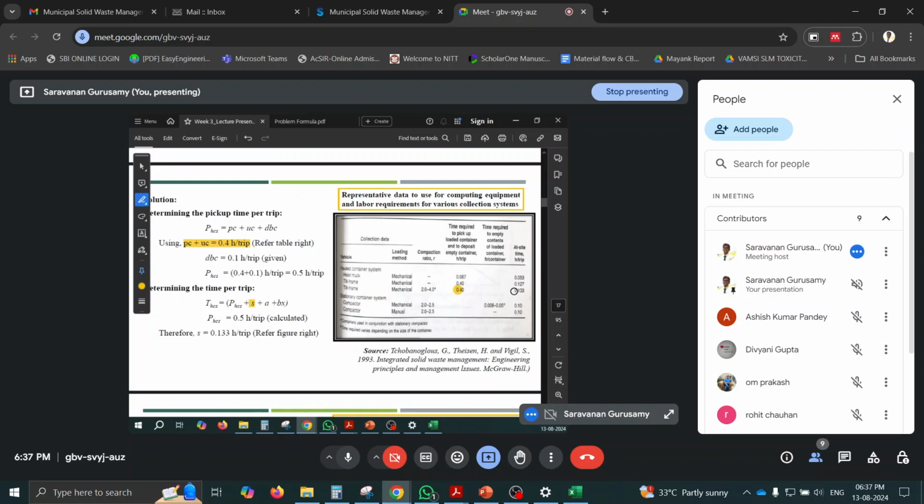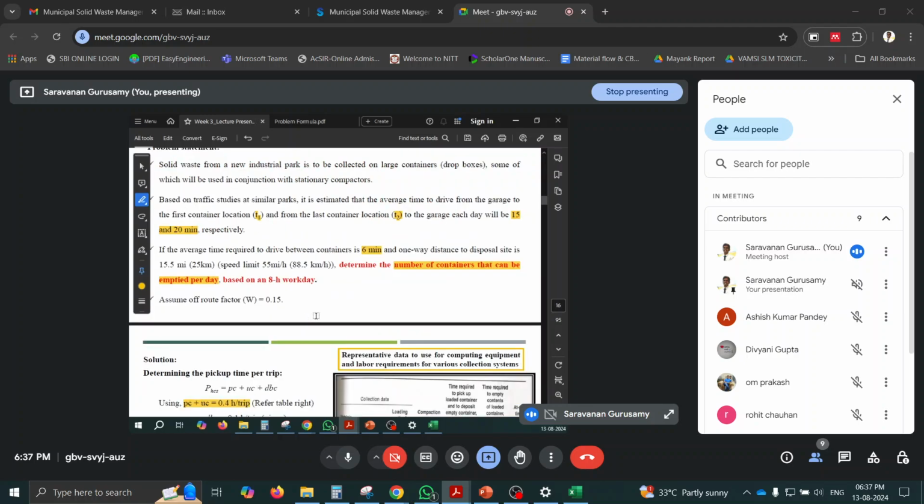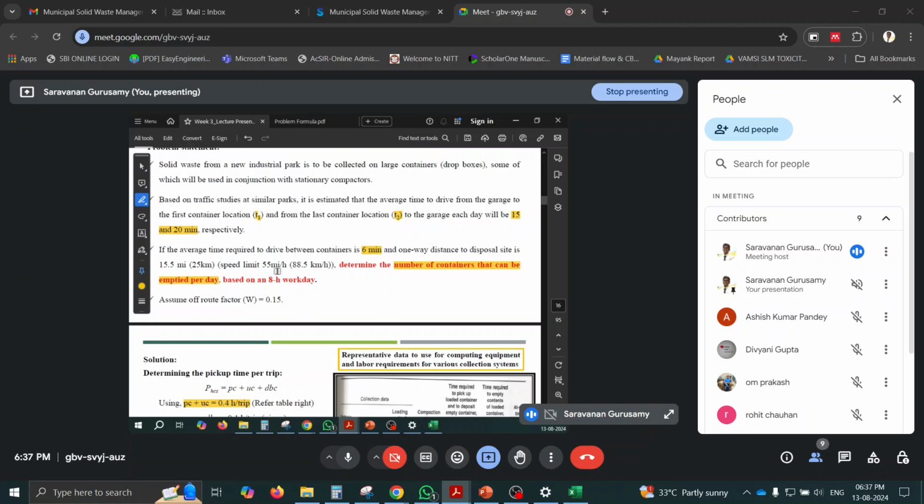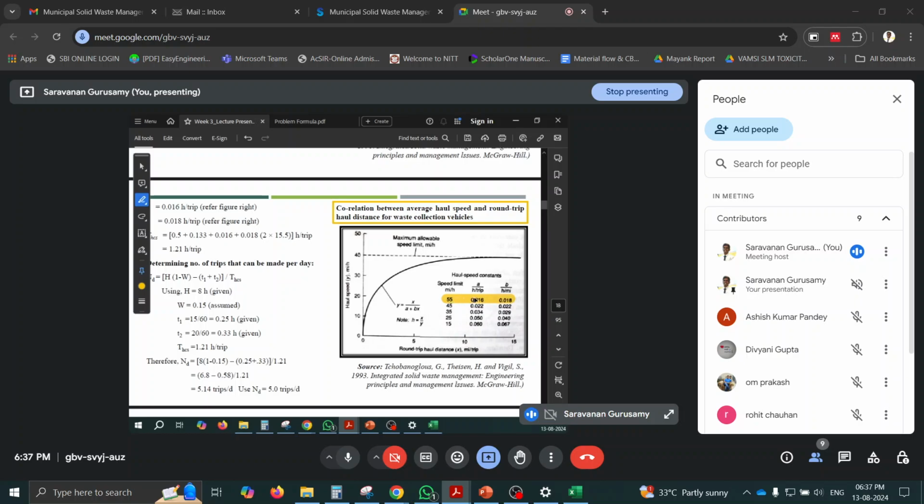Outside time is 0.133, referred from the table. And then A plus BX: how to find it? Again, we can refer to this rectangular hyperbola. What are the A and B for the speed limit? Our speed limit is 55 miles per hour given in the question, so we can refer to what the A and B constants are.